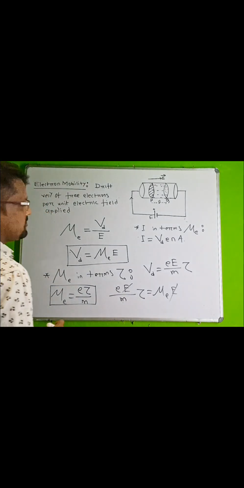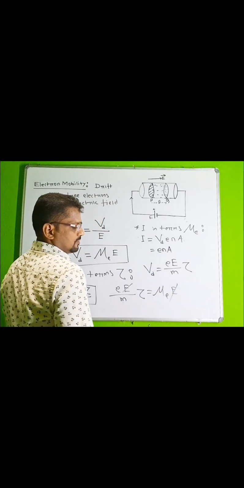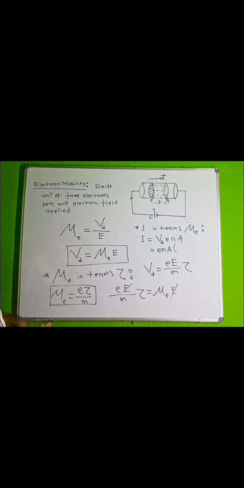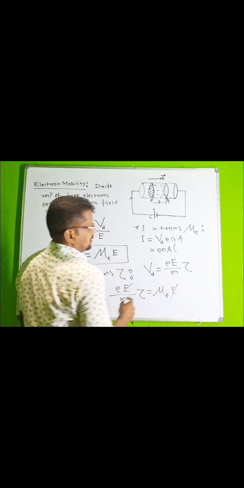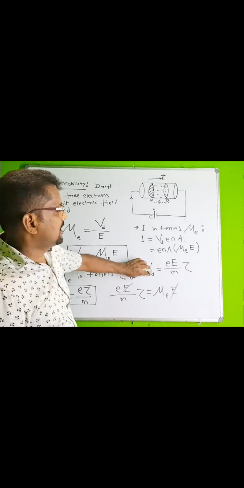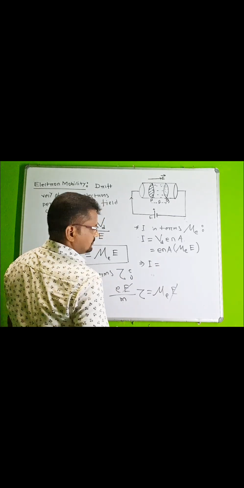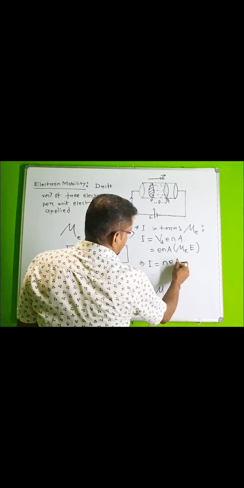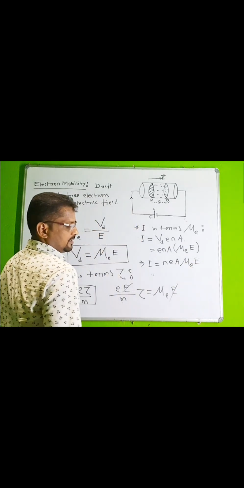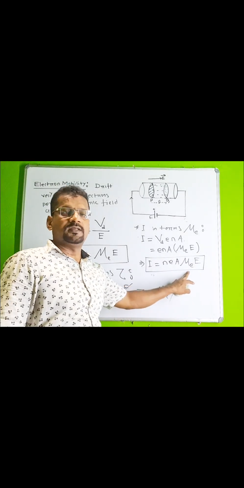Now you see, make n e A one group, times, as we just obtained, drift velocity is electron mobility times electric field, so mu e times electric field. From here you will get current I equals n e A mu e electric field E. And this is the expression of current in terms of electron mobility.